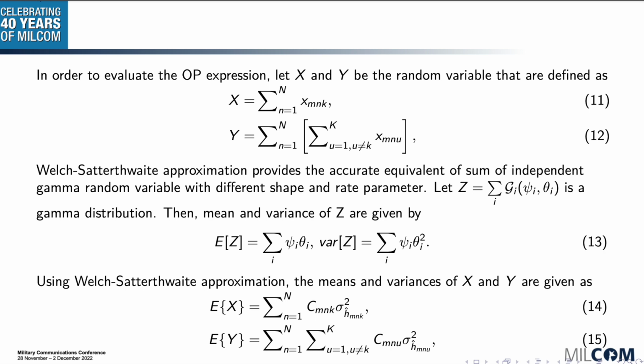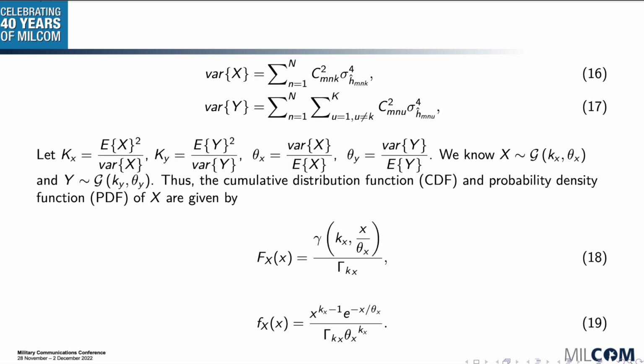Using the Welch-Satterthwaite approximation, the means and variances of x and y are computed and given in 14, 15, 16, 17. So let us consider k_x equal to the square of the expectation of x divided by the variance of x. k_y is equal to the square of the expectation of y divided by the variance of y. And theta_x is the variance divided by the expectation of x.